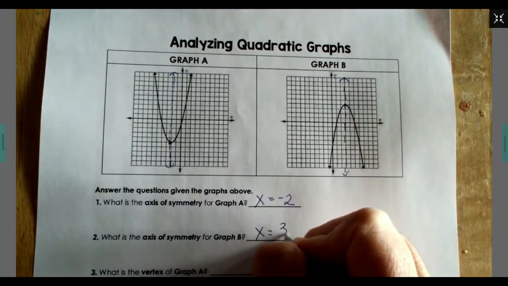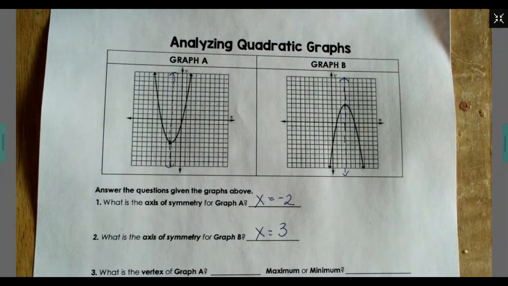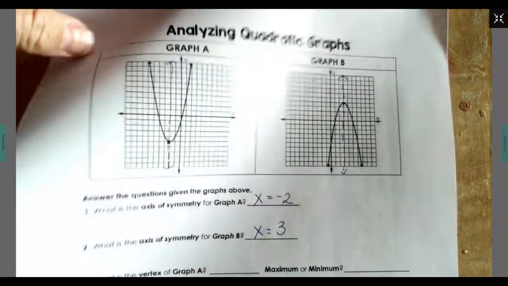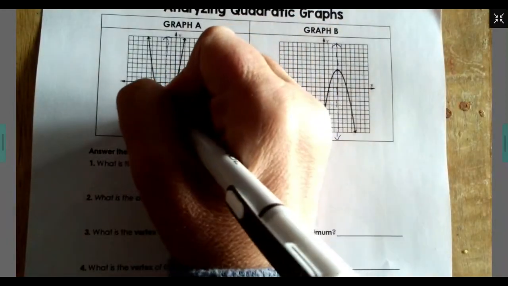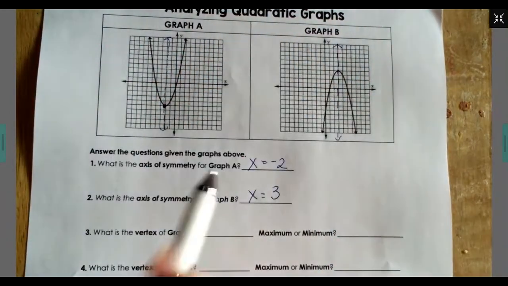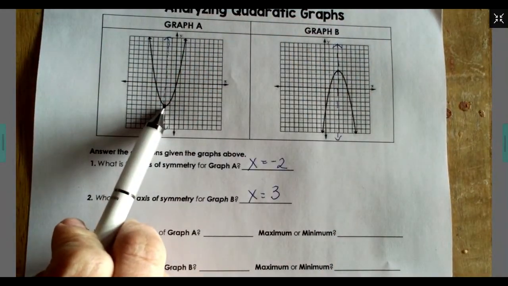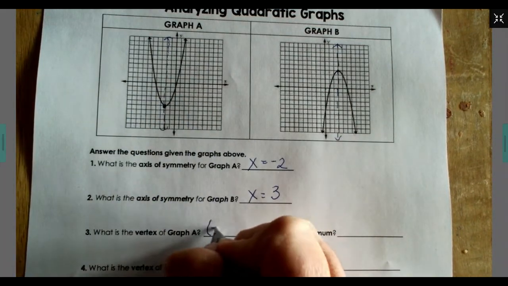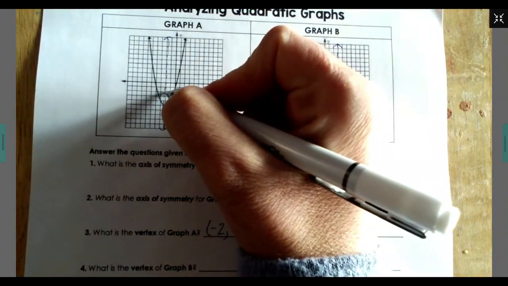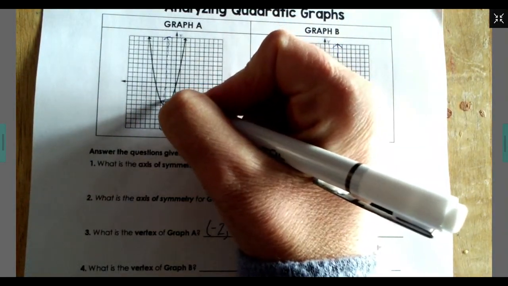So x equals 3. Now the next piece asks for what is the vertex of graph A. Well, this right here is your vertex, that lowest point here. And it's over -2, we know, from the axis of symmetry, and it's down 1, 2, 3, 4, 5.